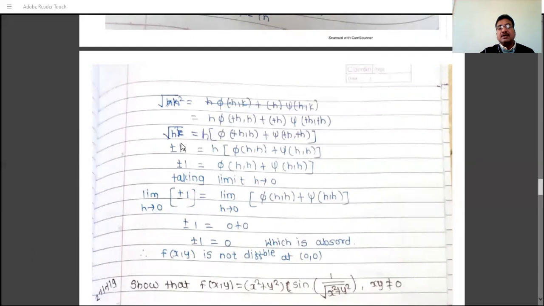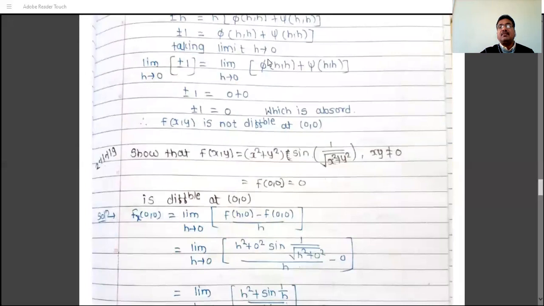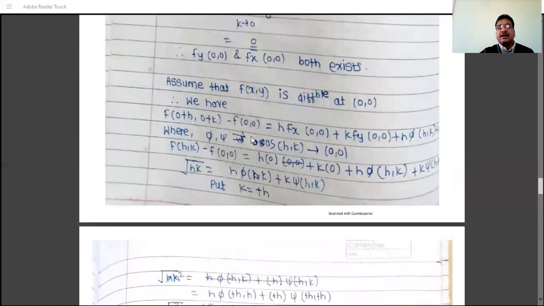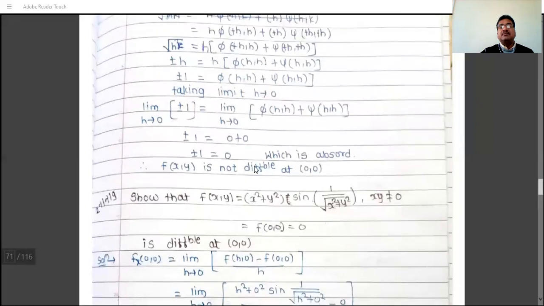So h by h is 1, plus or minus 1 on the left side, and phi(h,h) plus psi(h,h) on the right. Taking the limit as h tends to 0, the limit of plus or minus 1 is equal to the limit of the right side. The limits of phi and psi are 0 as h tends to 0, because k has been converted to h and h tends to 0. Here the limit of phi and psi is 0 as (h,k) tends to (0,0), and therefore the limits of phi(h,h) and psi(h,h) are 0 and 0.